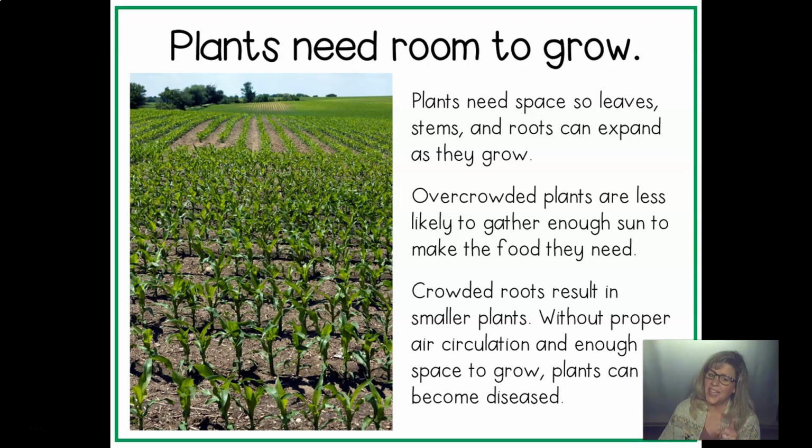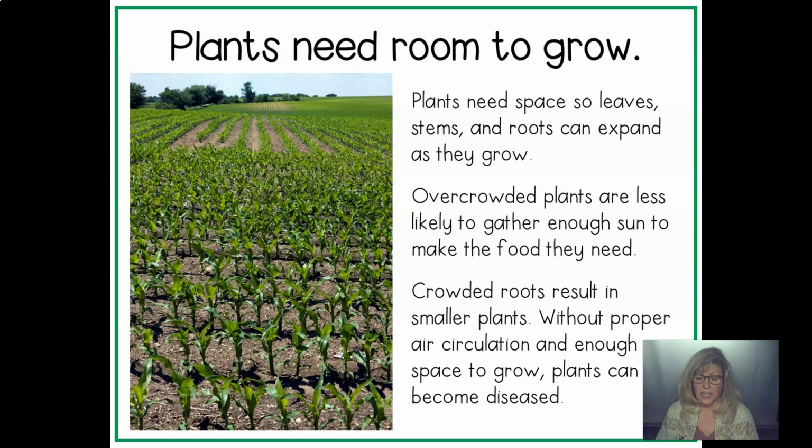Now here's the one that may have gotten some of you in the trick bag. Plants need room to grow. That's right, they need room. Plants need space so leaves, stems, and roots can expand as they grow.